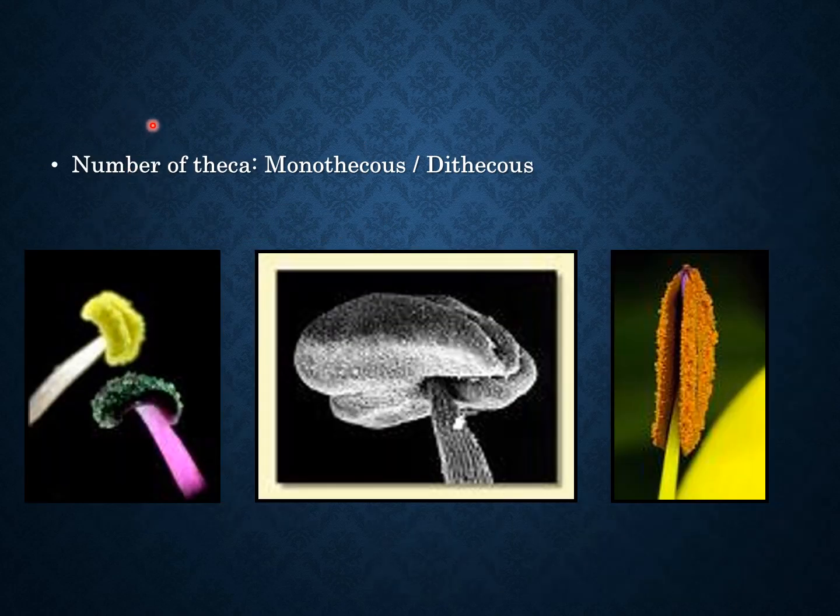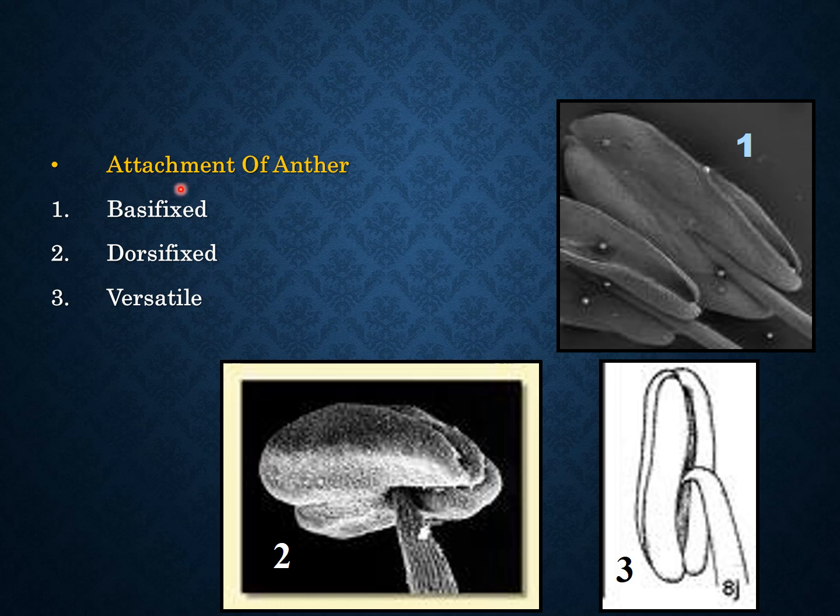Another character which is important to notice is the number of theca. Theca is actually the number of cells of the anthers. This can be monothecous or dithecous. Monothecous means when the number of cells in an anther is 1, and when the number of cells in an anther is 2 it is called dithecous. Then you will notice the attachment of anther to the filament.